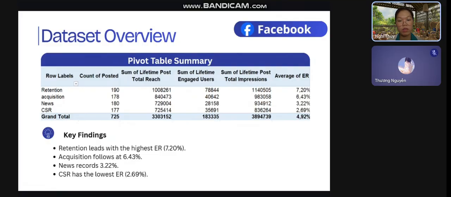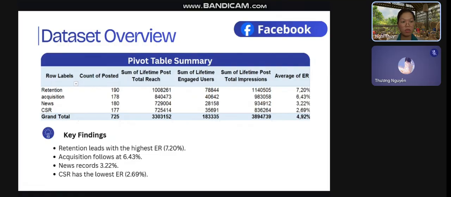Retention recorded the highest engagement rate at 7.2%. Acquisition ranked second, while CSR had the lowest engagement rate. This gives us an initial idea of which content performs better on Facebook.